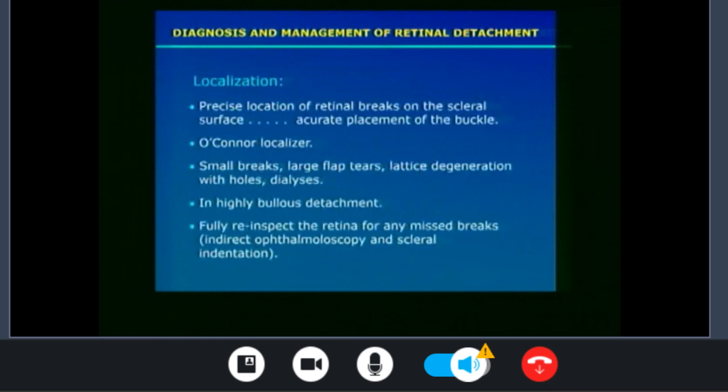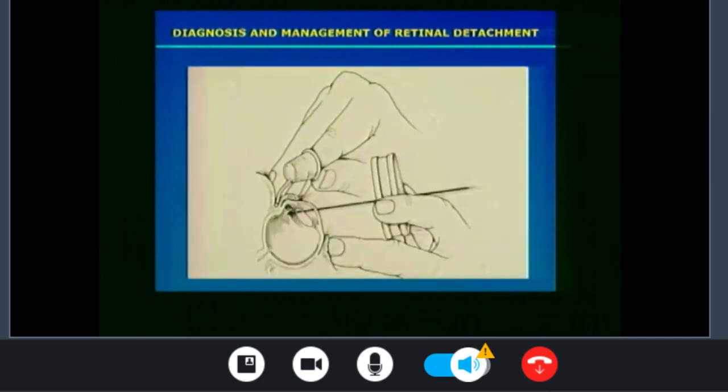That means that to put the buckle in the right place, you have to do accurate localization of the break on the surface of the sclera. We need an ocular localizer for this, so you need to master indirect ophthalmoscopy with indentation.